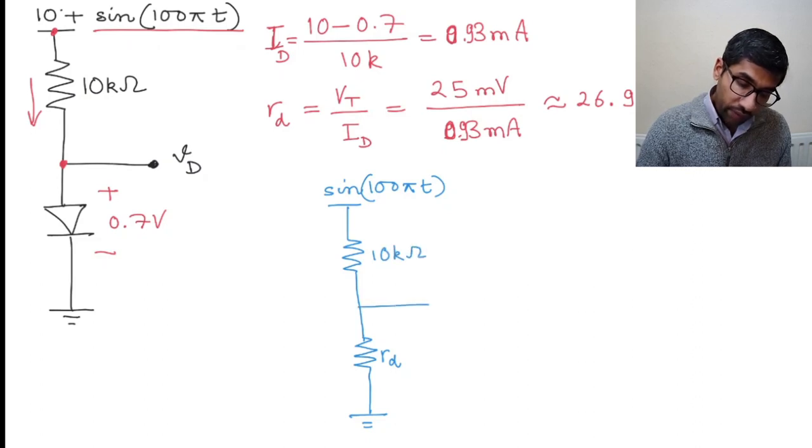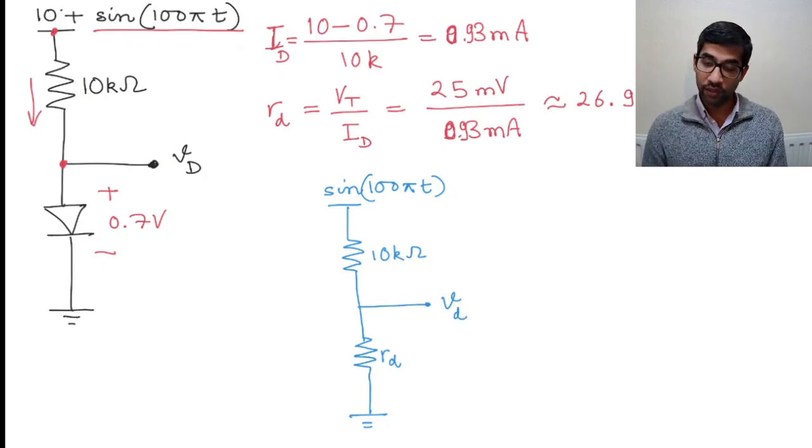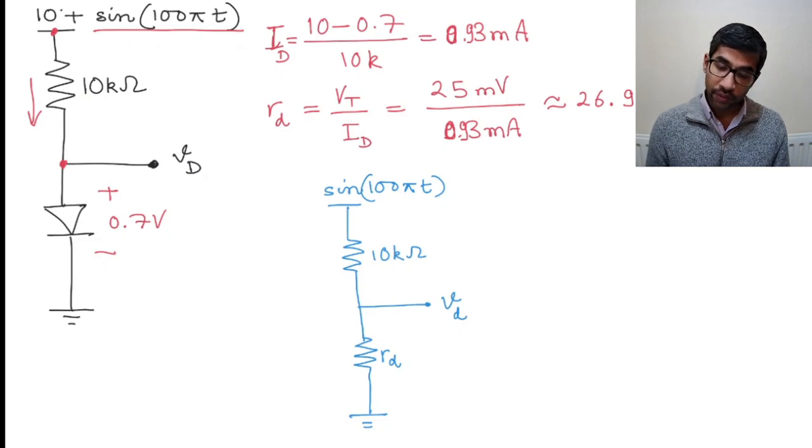I want to find out what this v_d, the small signal equivalent voltage, is going to be.